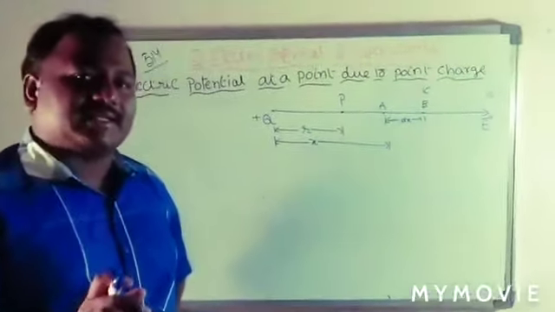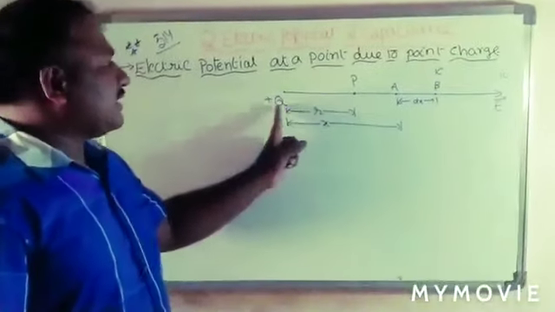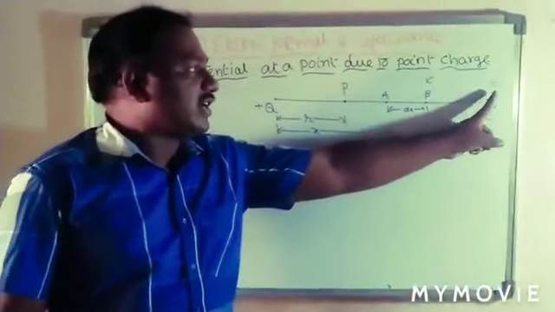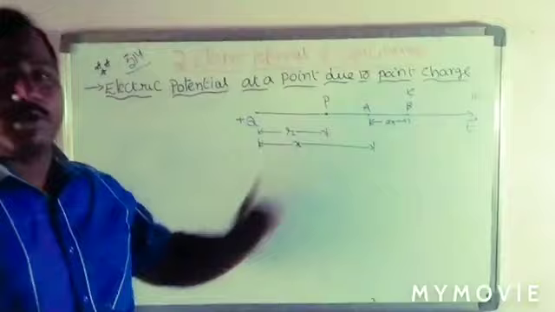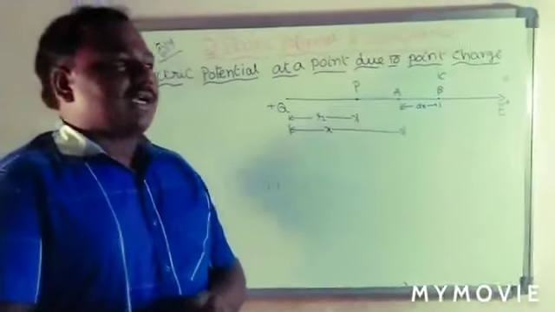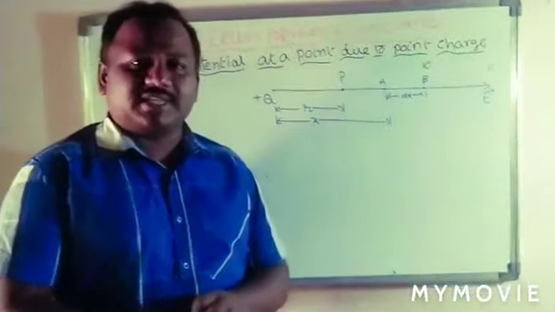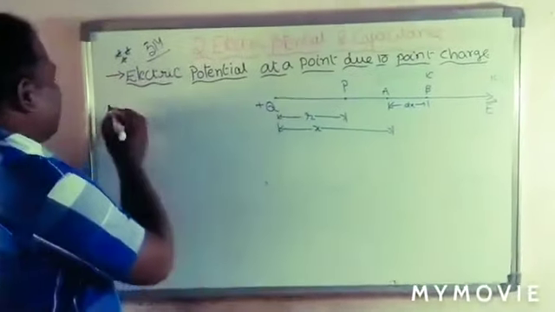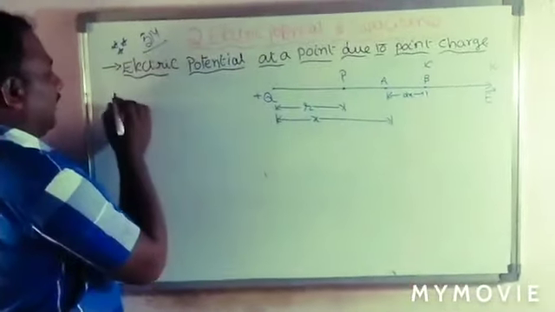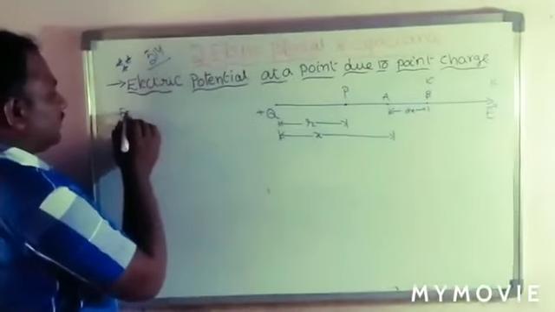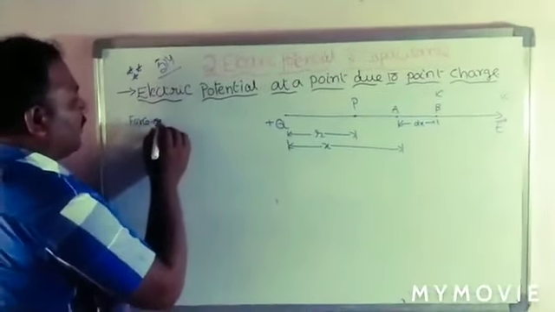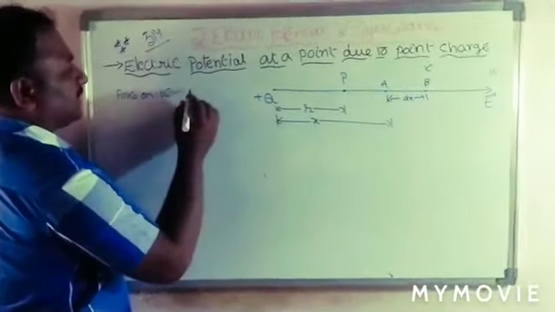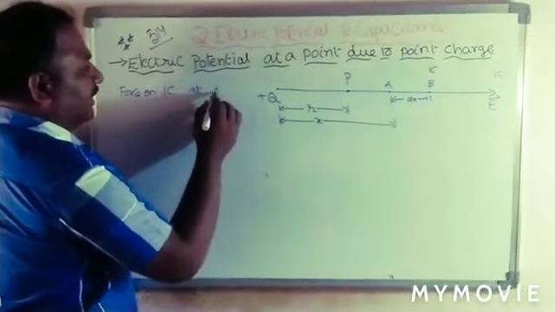By applying integration, we can get the total work done to move a charge from infinite distance to the point P. After that, work done per unit charge gives the electric potential. See how to calculate. Here the first point is the force on the 1 coulomb charge at A.